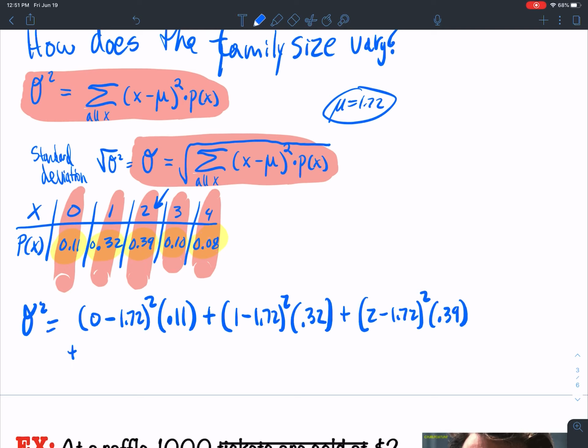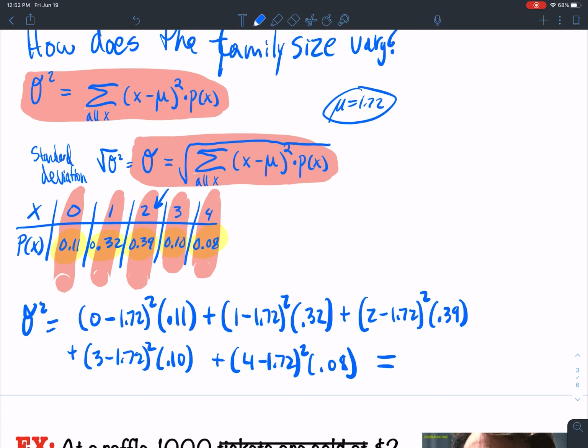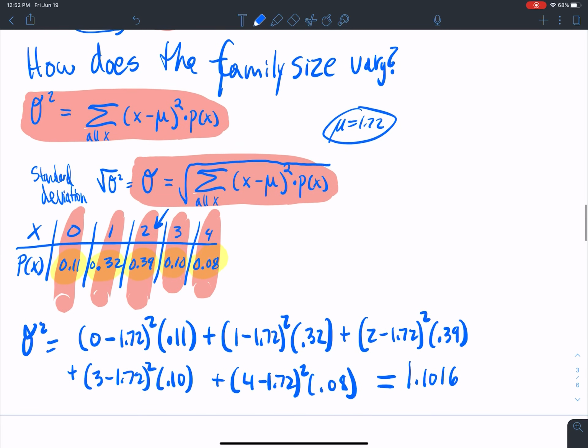And then plus 3 minus 1.72 squared times probability 0.1, and then plus 4 minus 1.72 squared times probability 0.08. If I type that in my calculator, I'm going to get 1.1016, and then the square root. Sigma is equal to the square root of 1.1016, which is roughly 1.0495. So that's the standard deviation.